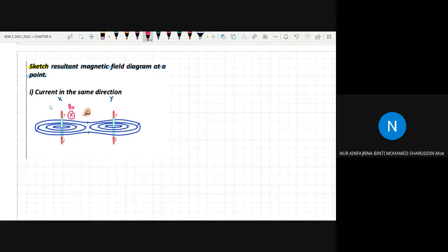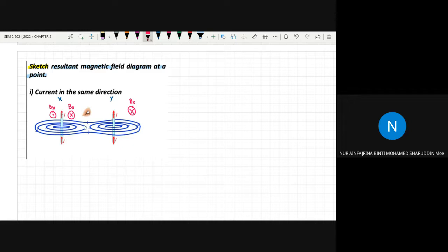Dan di sebelah kiri, magnetic field of wire X sebelah kiri dia akan keluar. And dekat sebelah kanan of wire Y, dia akan rasa juga magnetic field oleh wire X.